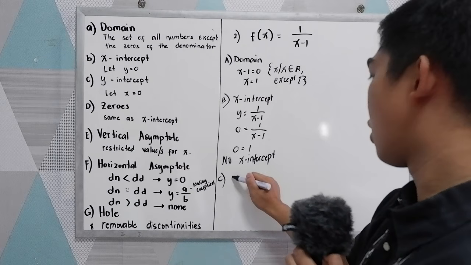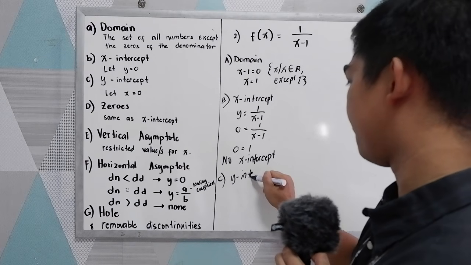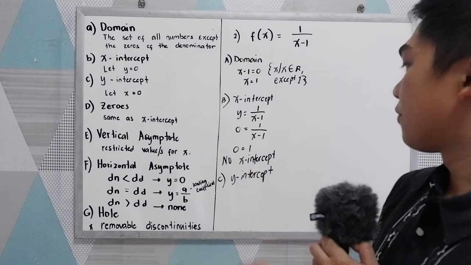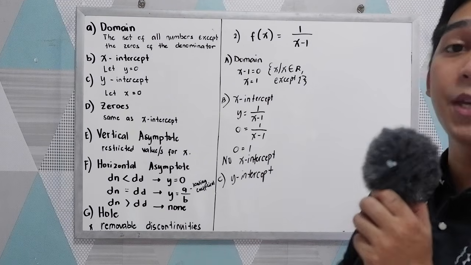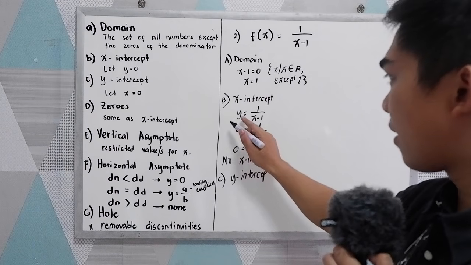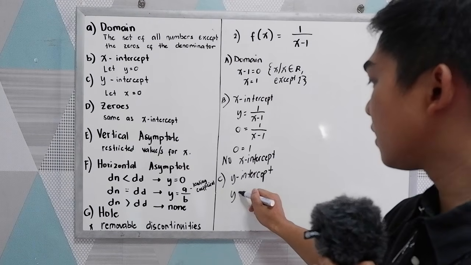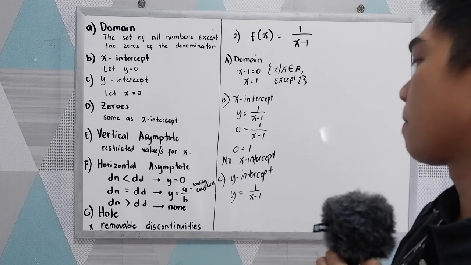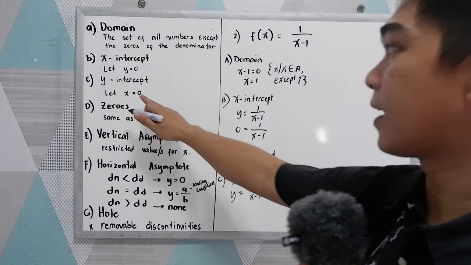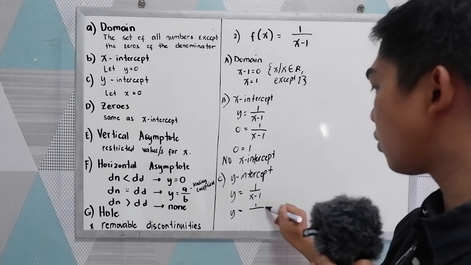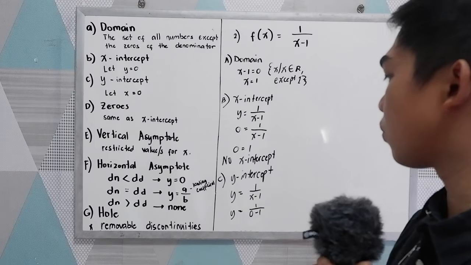Letter C, y-intercept. For the y-intercept, let x be equal to 0. So we have y is equal to 1 over x minus 1. Let x be 0, so we have y is equal to 1 over 0 minus 1.